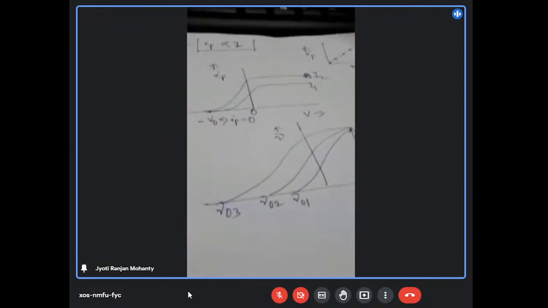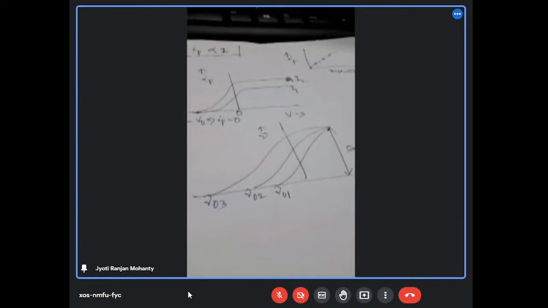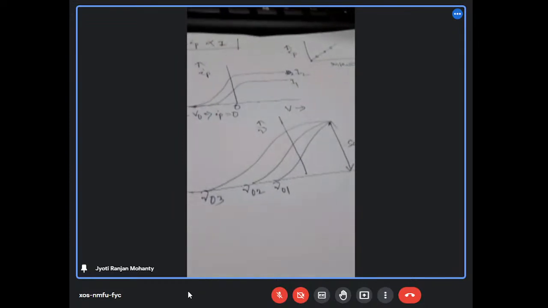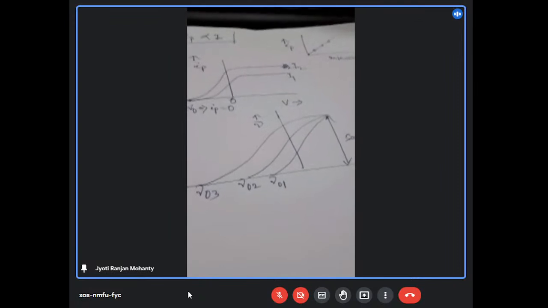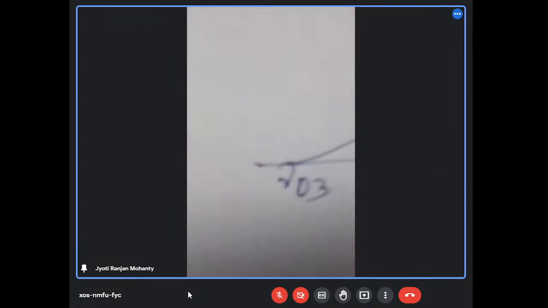Right, next point. Different metals have different threshold frequency.